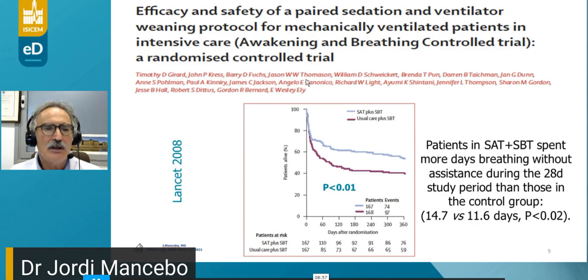An important step in achieving an early and safe withdrawal of mechanical ventilation is to work together with sedation and awakening trials, in the sense that the sedation and awakening trial, which is the withdrawal of intravenous sedatives, is done together with the spontaneous breathing trial.